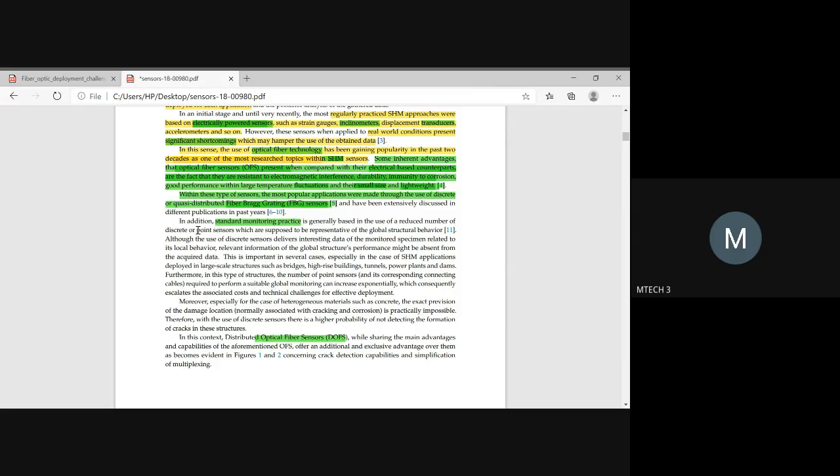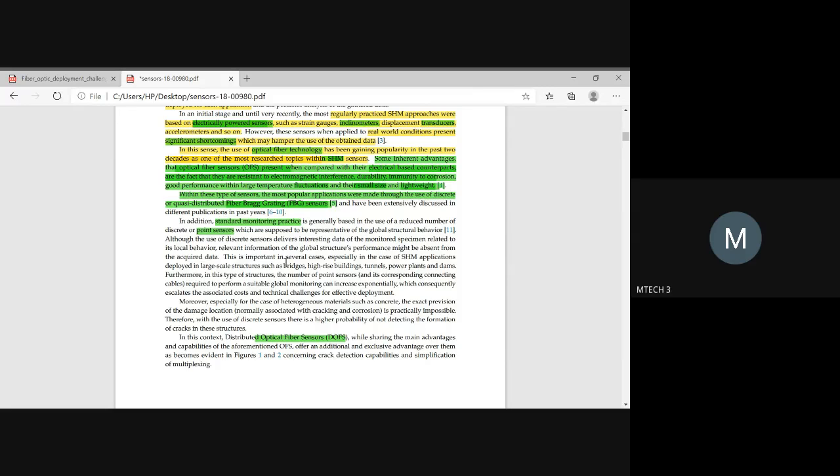Suppose you are measuring the monitoring condition of a building and you locate just one optical sensor at a particular location, that will not help you get data related to the entire building.